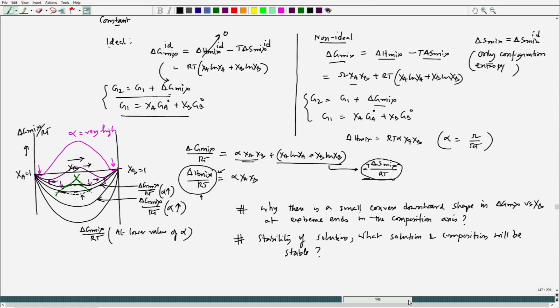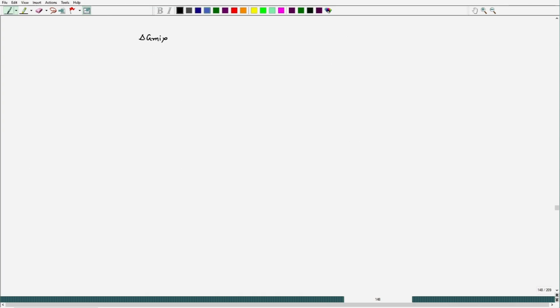So, while responding to the first question, let us get to the equation of delta Gmix, which can be written as delta Hmix minus T delta Smix, which can be written as omega XA XB plus RT (XA ln XA plus XB ln XB).